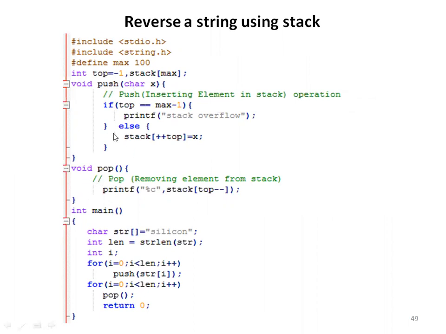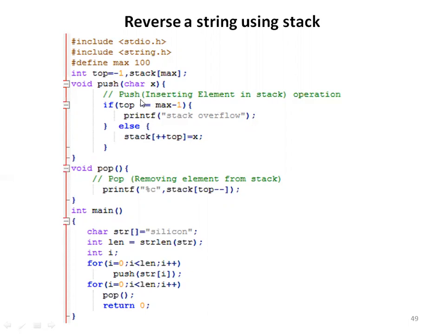Now in the push operation, you see this is the function name, push, and I will push the characters to the stack. The character to push is x, so char x is the character.